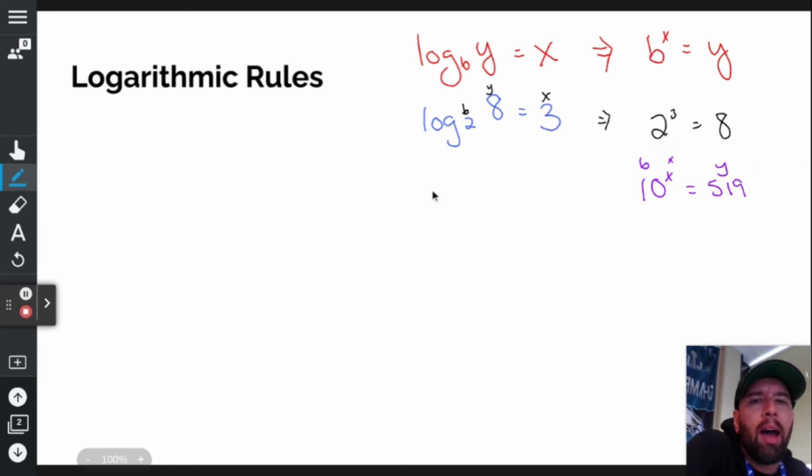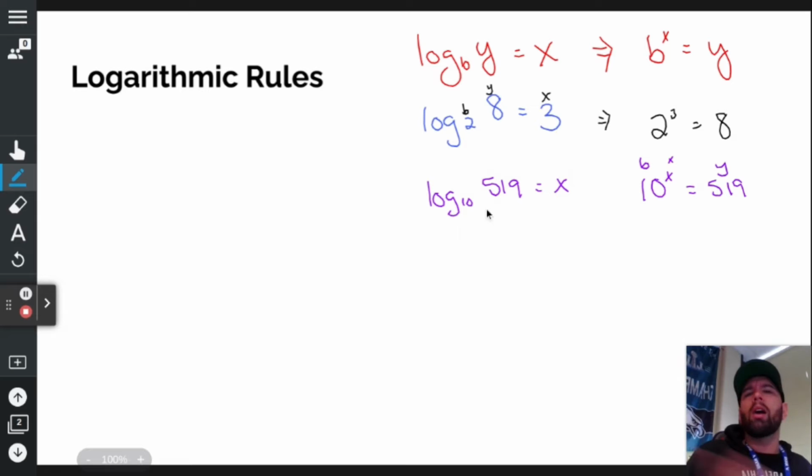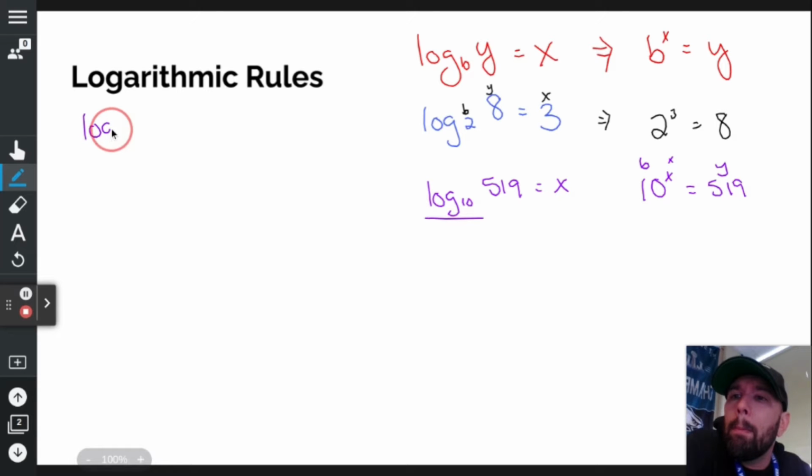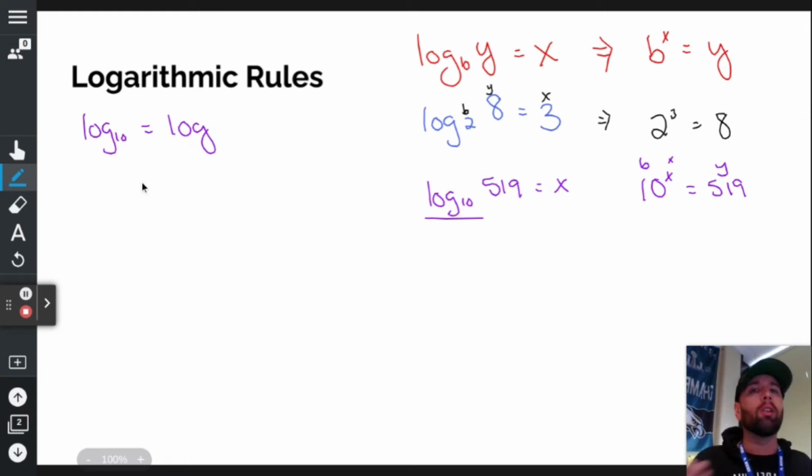We would write that out as log base 10 of 519 equals x. Then we would use our calculator to solve that. How would we use our calculator to solve that? Log base 10 is the same as log. Same exact thing. So the regular looking log in your calculator is also known as log base 10.